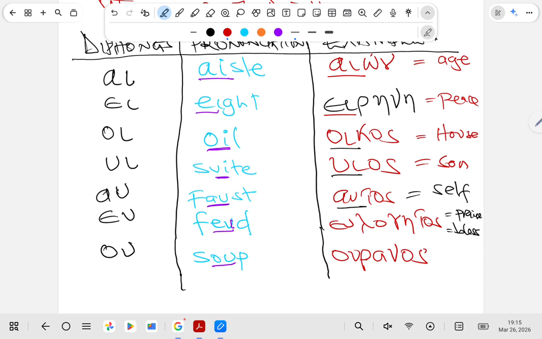Ouranos. And this word literally means heaven. So, in a nutshell, these are the Greek vowels and the diphthongs, and how they are put together.